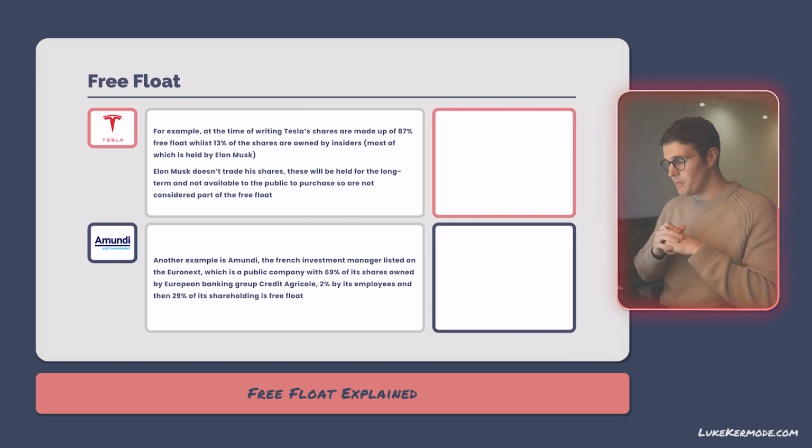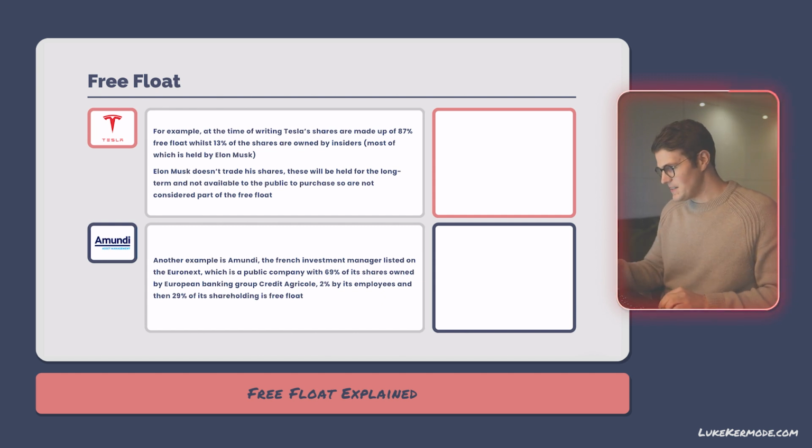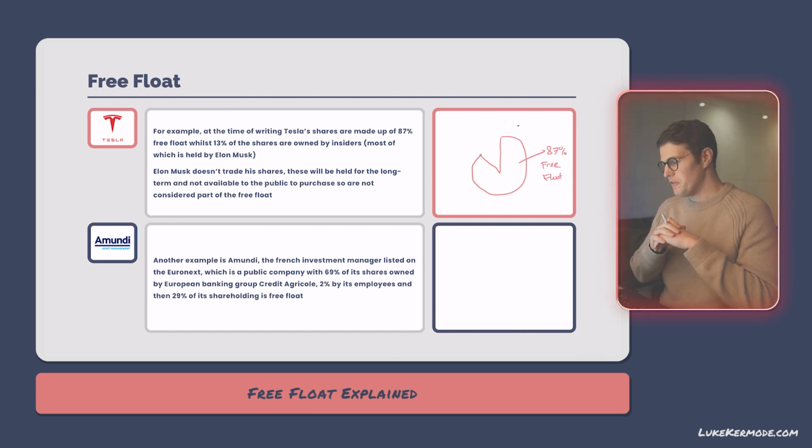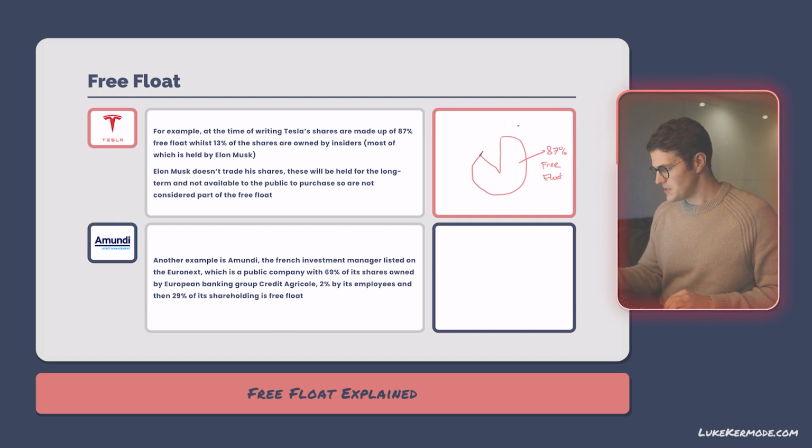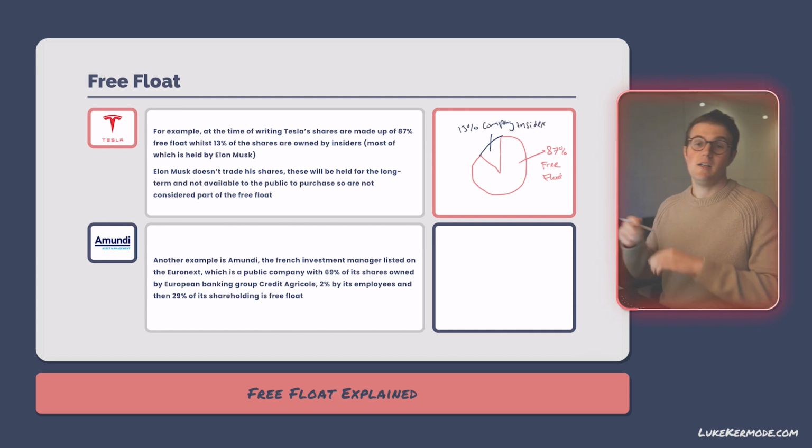So two good examples here. You've got Tesla. At the time of me filming this video, their shareholder base is made up of 87% free float. So my terrible pie chart, 87% free float. 87% of the shares trade on the public market, and the remaining 13% are held by company insiders, most of which is held by Elon Musk.